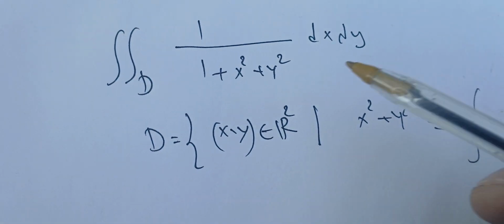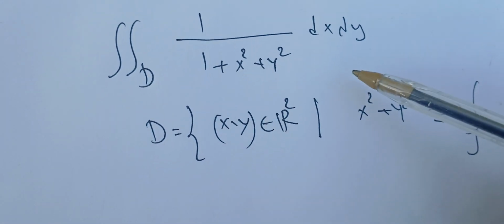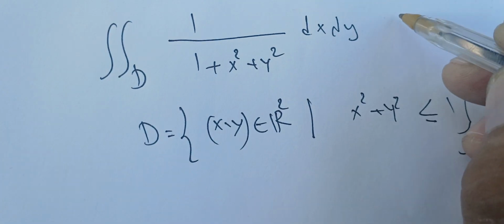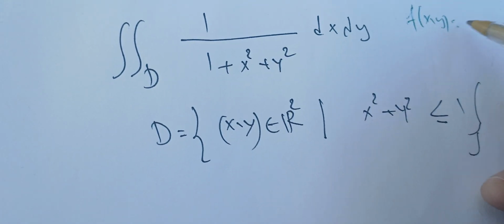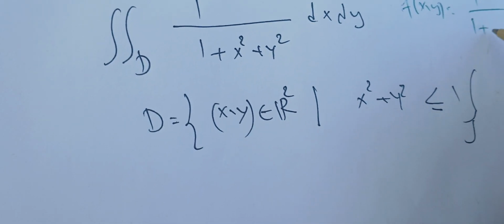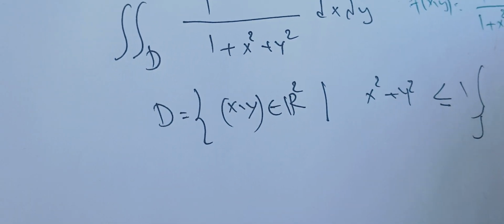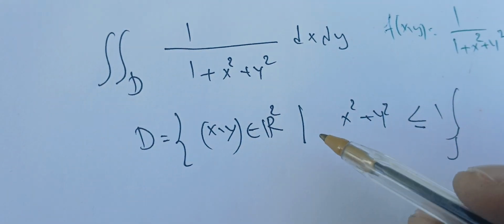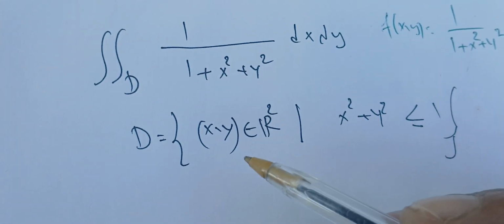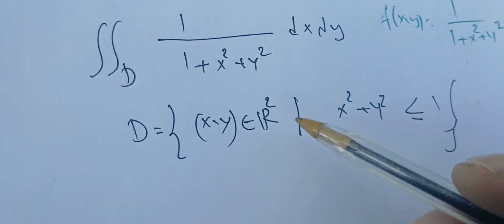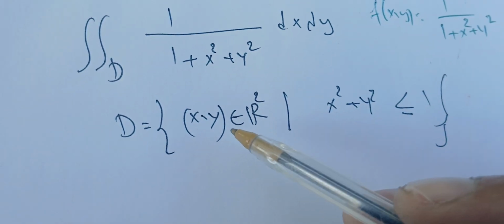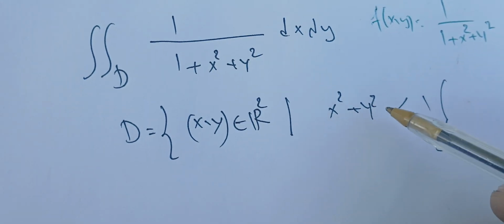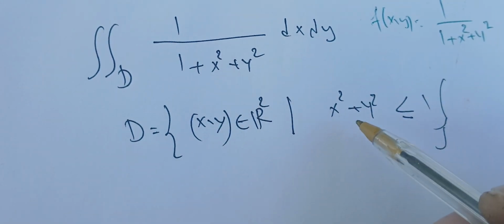In this video, we're going to integrate this double integral. In our case now, our function f of x y is 1 over 1 plus x squared plus y squared. And the domain D that we are integrating on is the set of x y in R squared such that x squared plus y squared is less than 1.